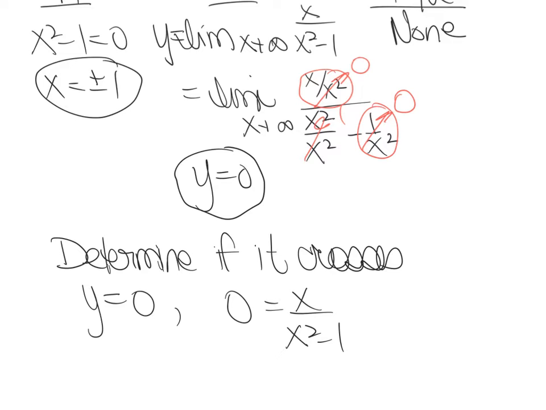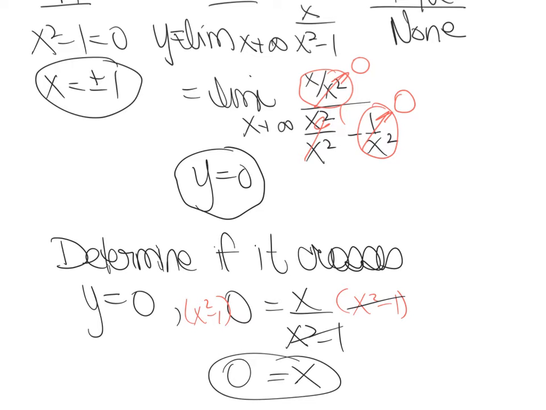Once again, I'm going to get rid of these fractions by multiplying both sides by x squared minus 1. Of course, 0 times anything is 0, so I get 0 on the left. Here these cancel out, and I get x equals 0. Perfectly valid value. So we see that here's an example where we are actually going to cross this thing at the ordered pair 0, 0.